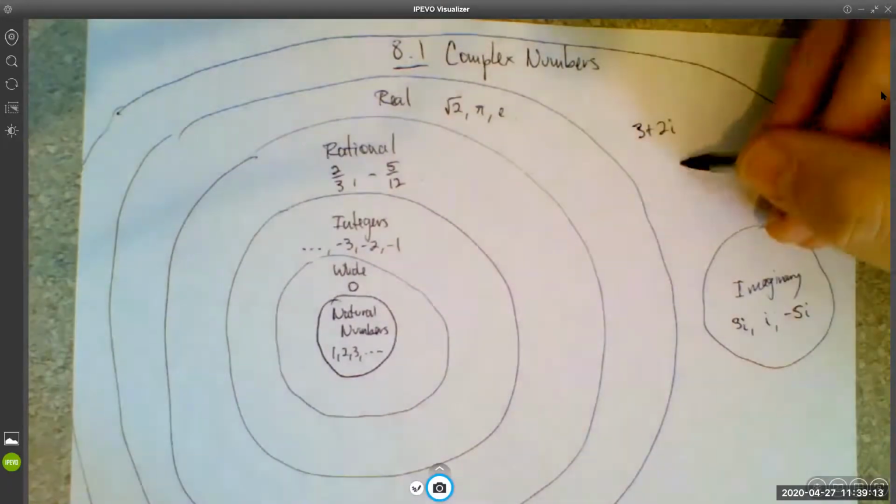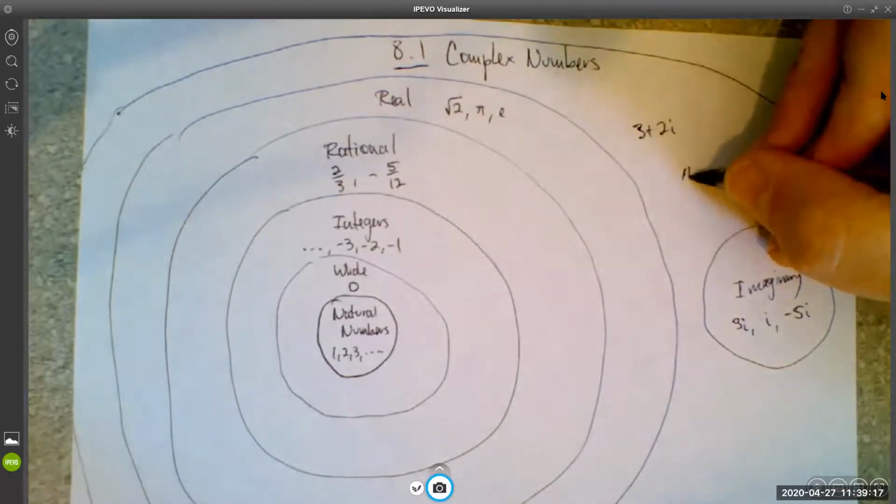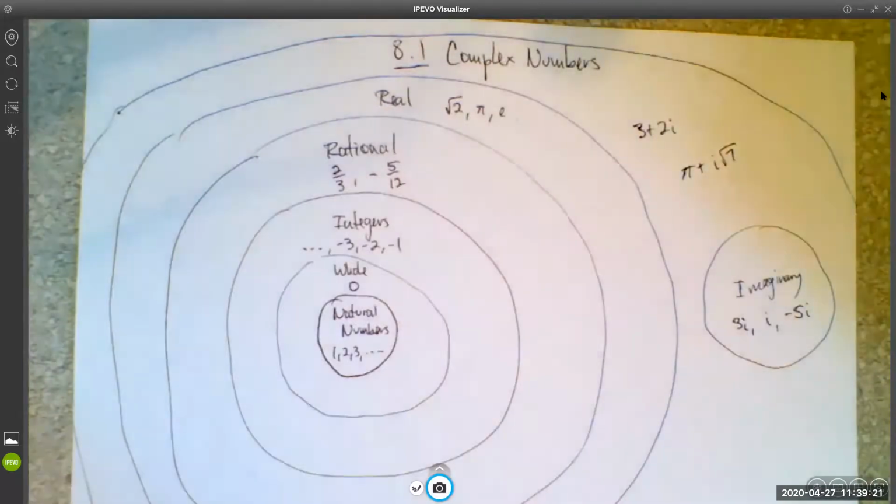Or they could be even stranger than that. I guess you could have something like pi plus i times the square root of 7, right? Those would be complex numbers as well.